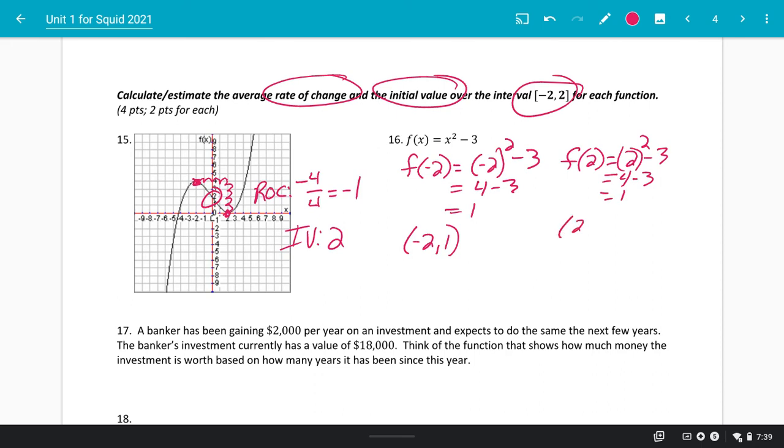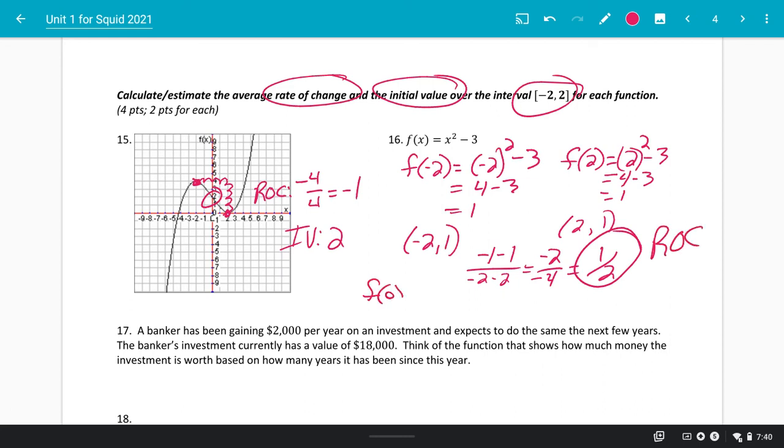So that's (2, 1). 1 minus 1 over -2 minus 2 is 0 over -4. So that's my rate of change. And my initial value is f of 0, which is 0 squared minus 3, which is -3, which we could have just looked right there and saw that.